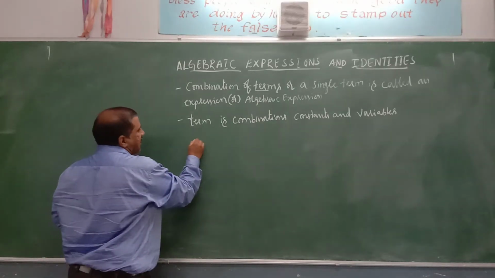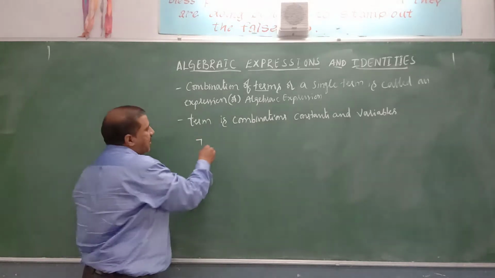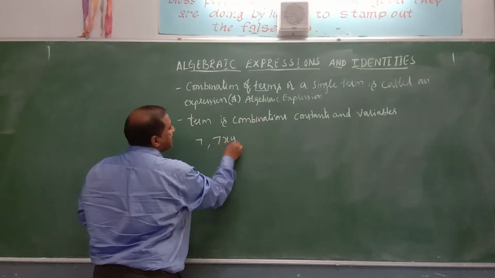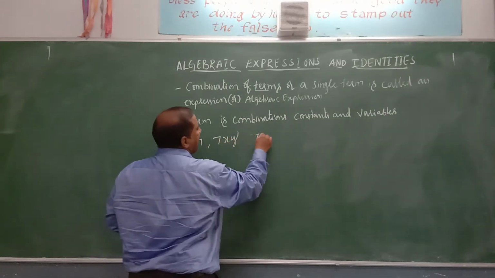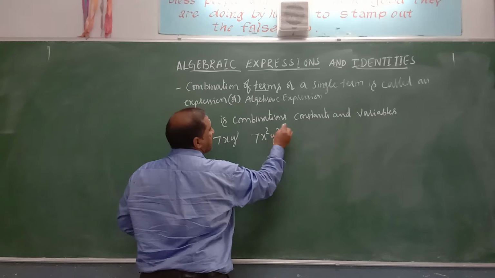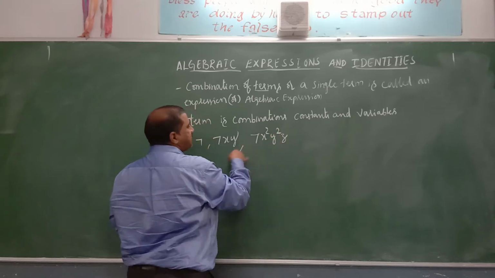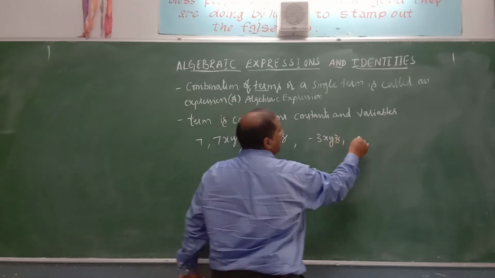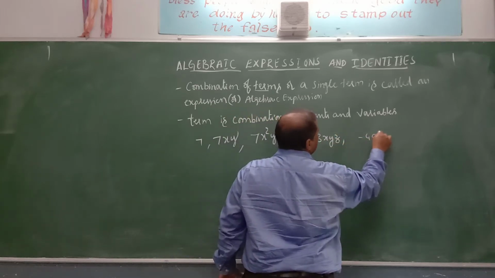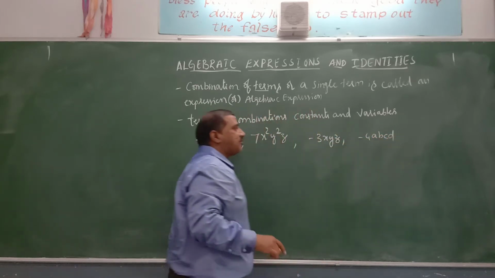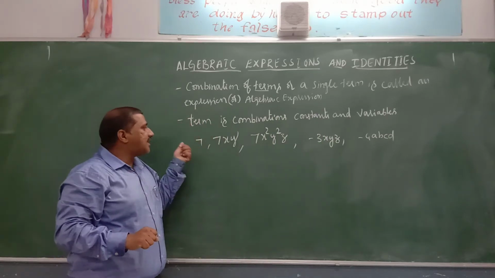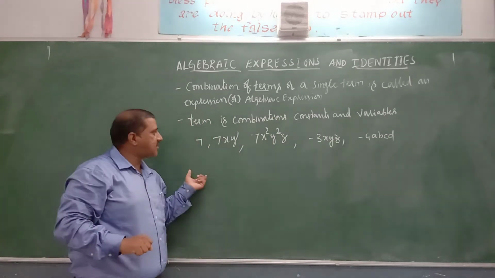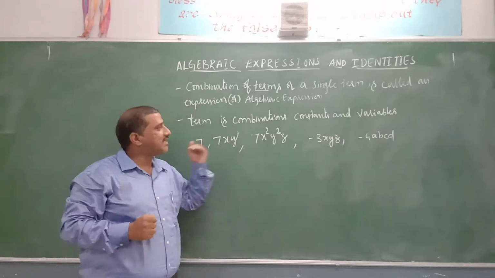So 7 is a term. 7xy is a term. 7x square y square z is a term. Minus 3xyz is a term. Minus 4abcd is a term. All these are terms, they contain numbers, known as constants, and some variables like x and y.